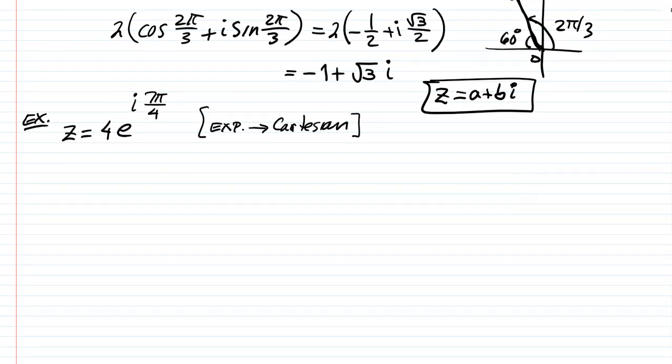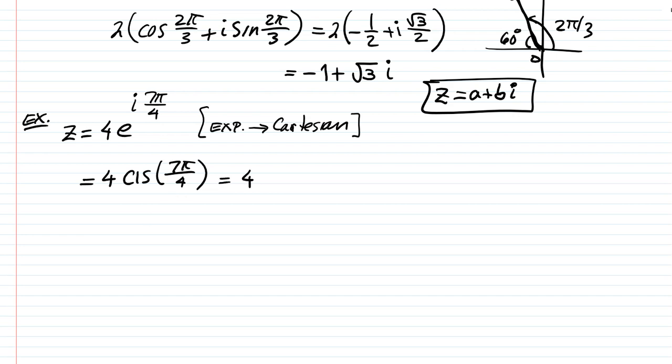Now, to do this, we go from exponential form to trig form, and then from trig to Cartesian. So exponential using cis notation, that's going to be cis 7 pi over 4, right? Cis of the argument. That's why it's called the argument of the exponential function, because 7 pi over 4 is the argument of the trig functions.